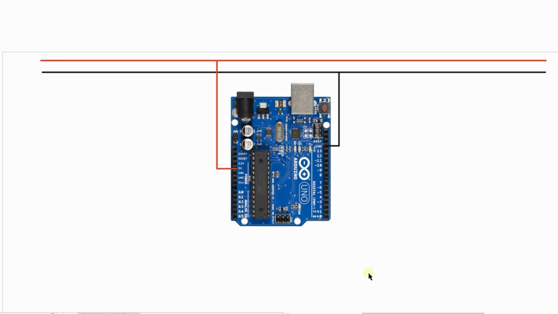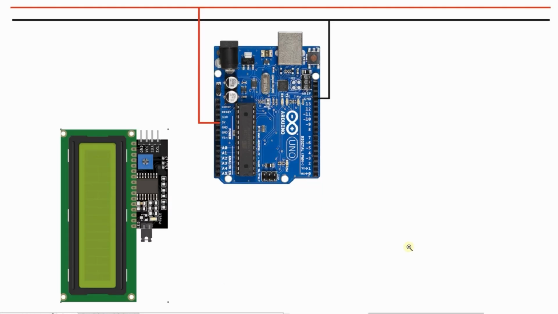The next component that is required here is the I2C powered PCF8574 based LCD module. You can see on the left, this is the 16x2 LCD module with the PCF8574 IC.